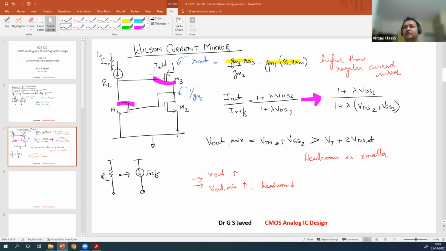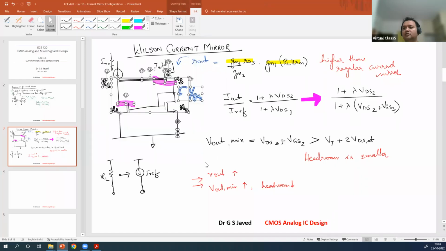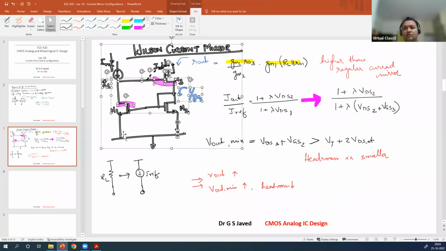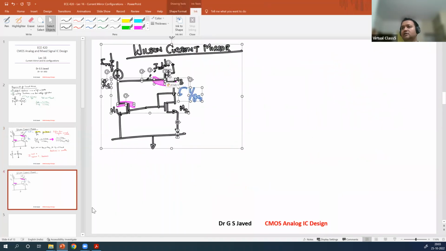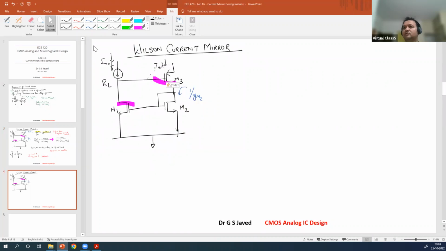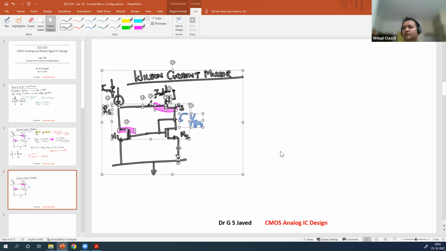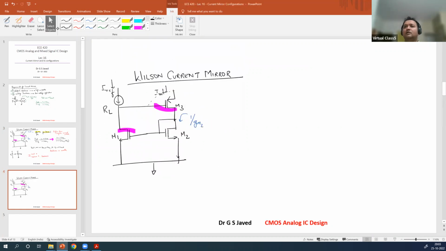So the proposal to modify was take the same current mirror. We know that it has certain issues. Well, how can we reuse it? So their proposal was as follows. Okay, so now we have again coming here, and this is an inversion that is happening. Now let us do something here.